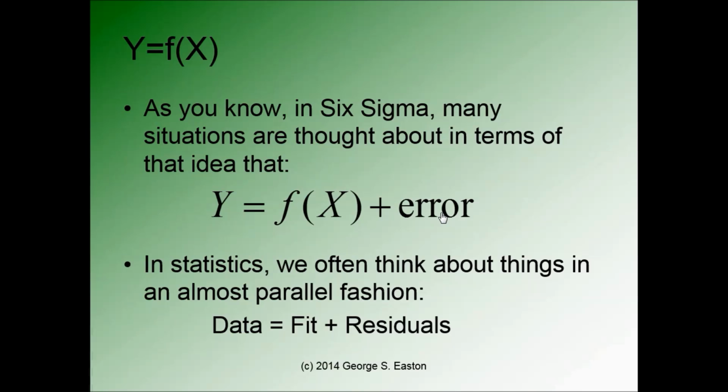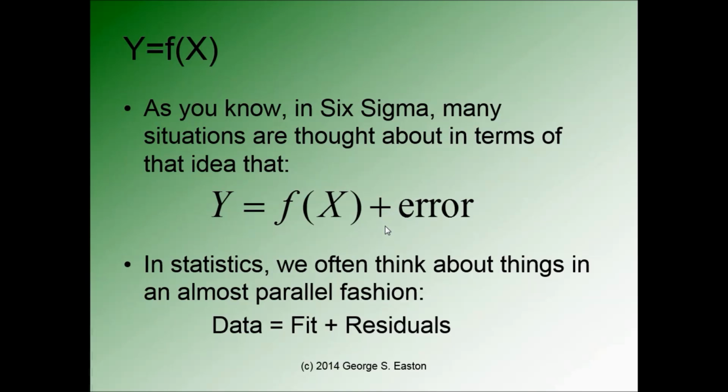Now, as you know, in Six Sigma, we often talk about the y's and the x's of a particular problem or situation, and we think about y being equal to f(x). And I've generalized this idea a little bit to say that we oftentimes think about situations as y is equal to f(x) plus some kind of random error that reflects the messiness of reality.